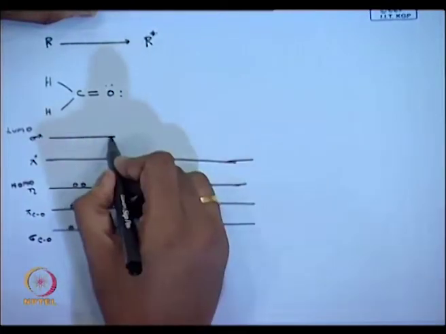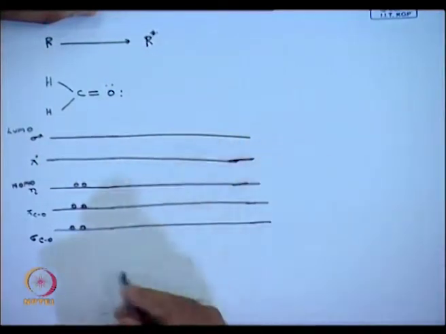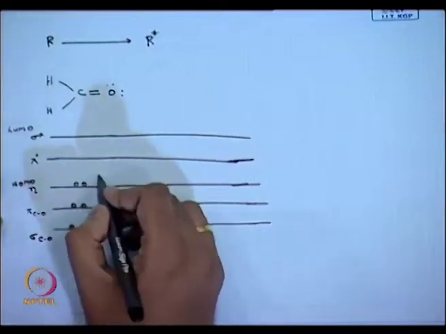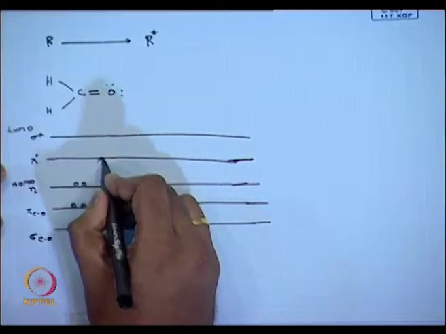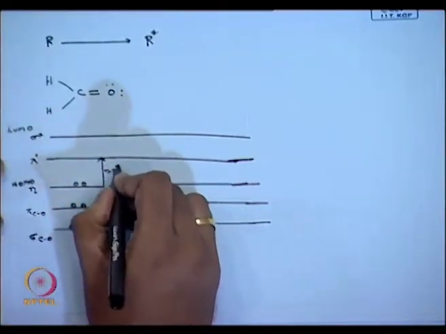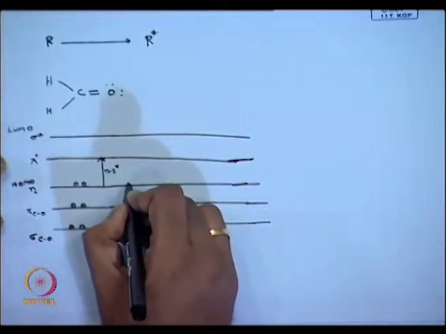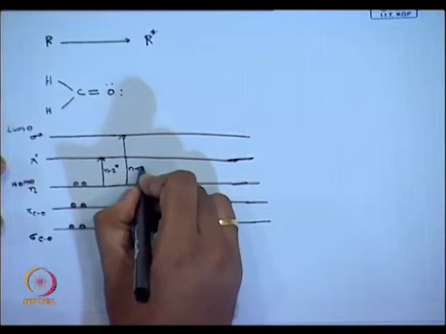Now, we will see that once the light comes, what are the transitions you are going to see. We will start from n. So, the first transition you can think about is n pi star. Next we can see n sigma star transition.